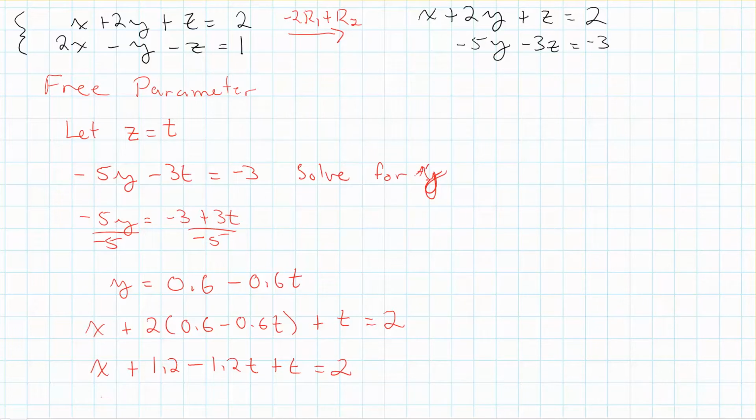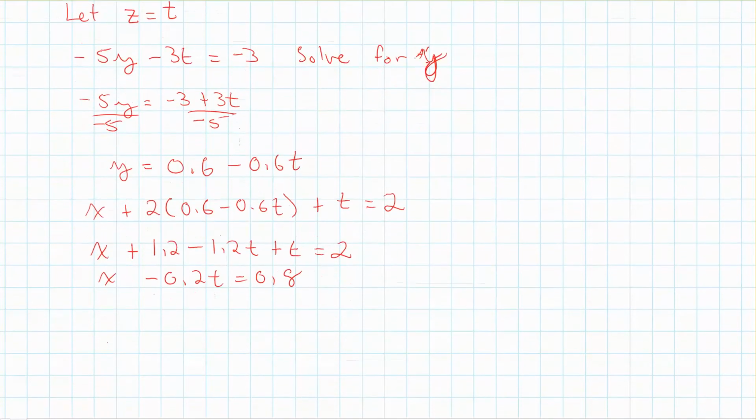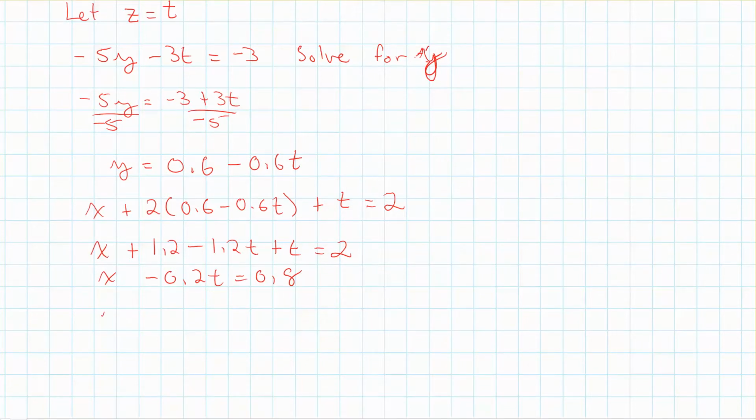So we'd have x minus 0.2t is equal to 0.8, and so x is then 0.2t plus 0.8.